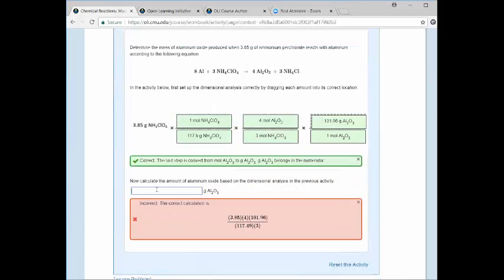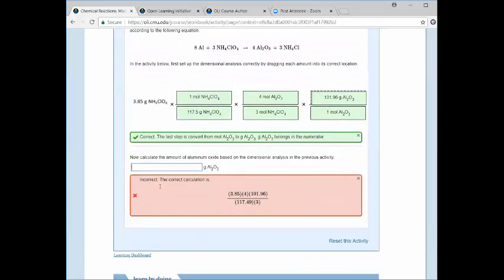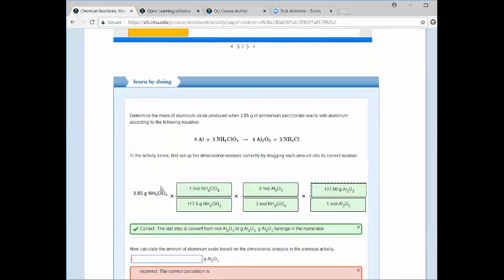And then they get to do the calculation. So again, as I mentioned, the learn by doing sometimes are just hints and sometimes involve a series of steps.